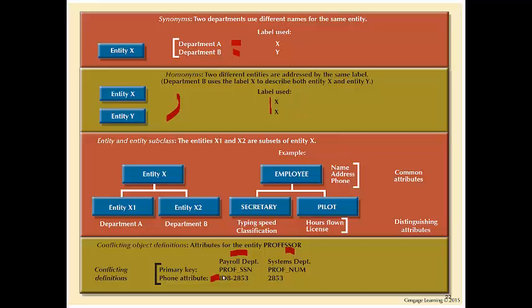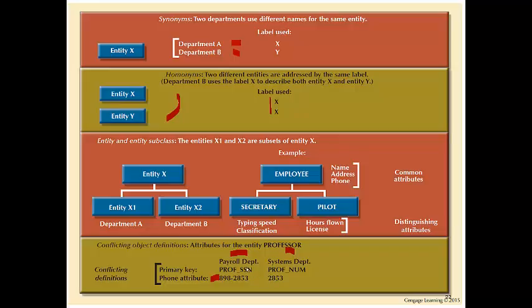Now you can see it wouldn't be too hard to convince the systems department to use the phone attribute from payroll because, hey, it's just a few more characters. And it's possible that some of our professors live in different exchanges. Highly likely, actually.